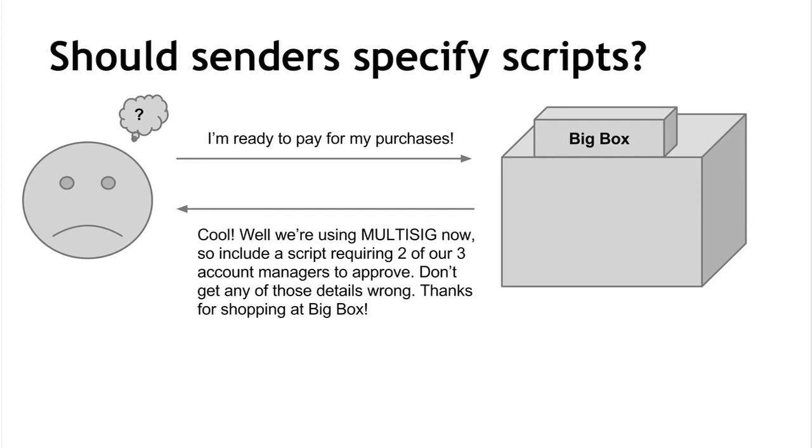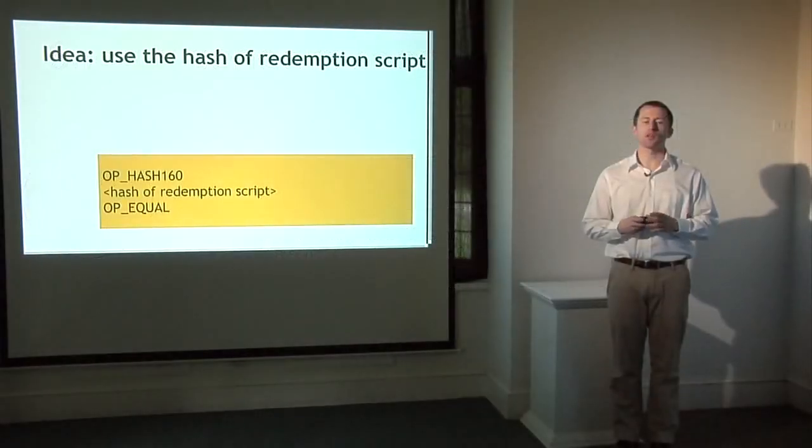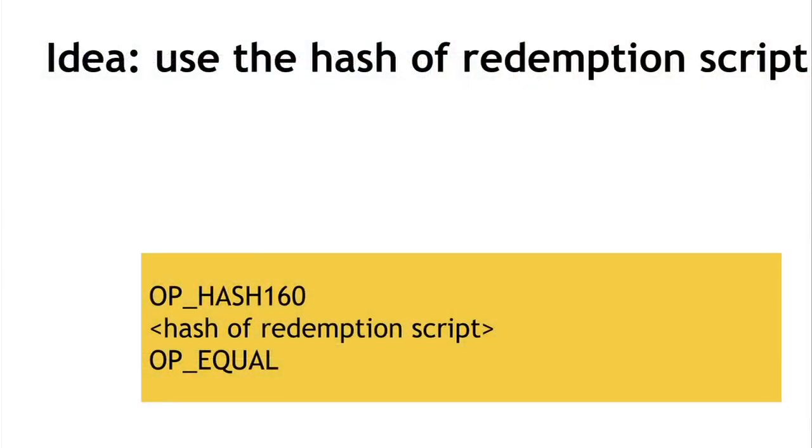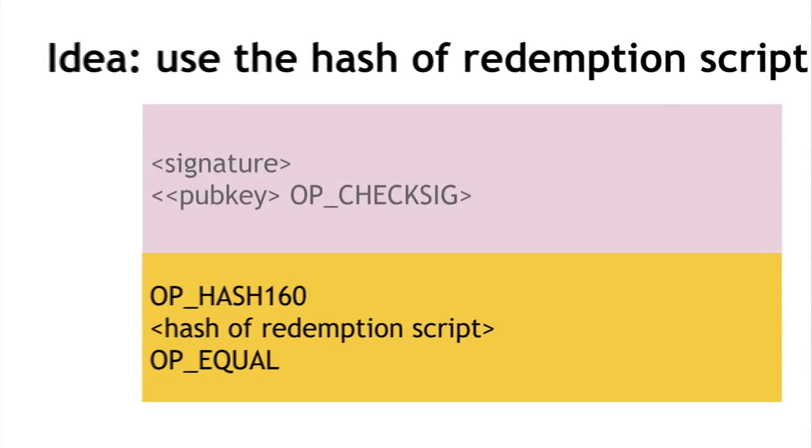address. So in response to that problem, there's a really clever hack in Bitcoin, which is that instead of having the sender specify the entire script, the sender can specify just a hash of the script that is going to be needed to redeem those coins. So this looks like the sender specifying a very simple script which just hashes the top value on the stack and checks to see if it's equal to the required redemption script.